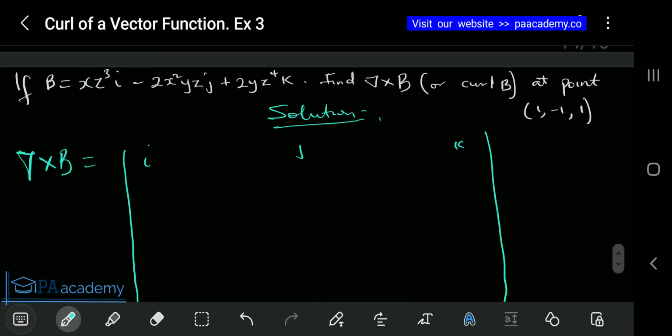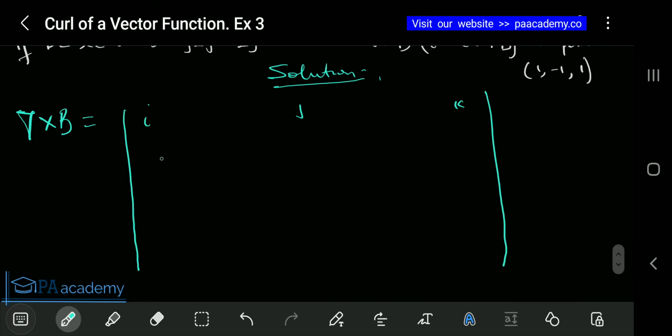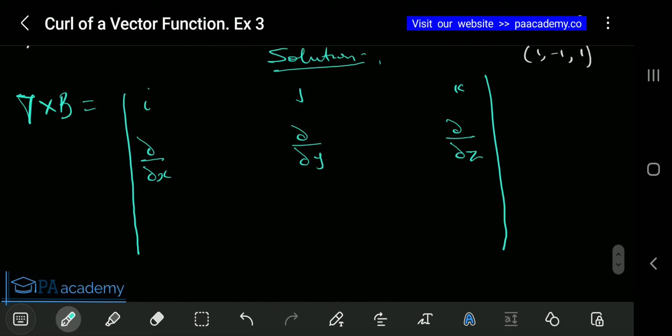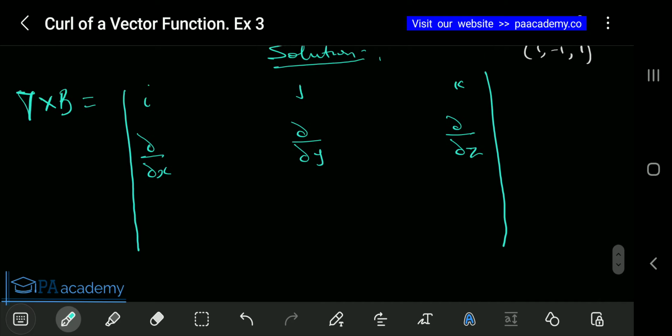For the second row, we are going to have partial differential of x, partial differential of y, partial differential of z. Then for the third row, that's where we are going to have the function itself.